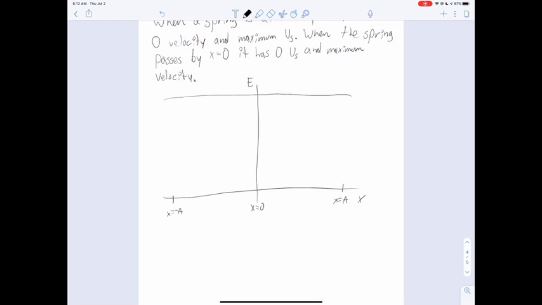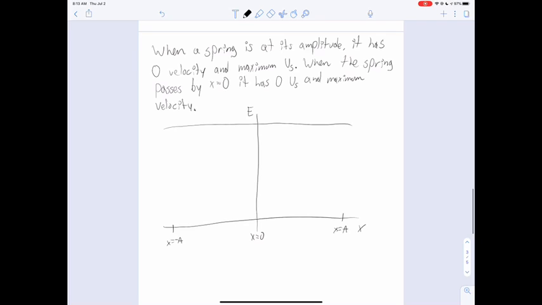Okay, now we're going to start off by analyzing what the elastic potential energy will look like. And we do this by looking at the statement that I had written and just thinking about it. It says that when a spring is at its amplitudes, it has zero velocity and maximum elastic potential.